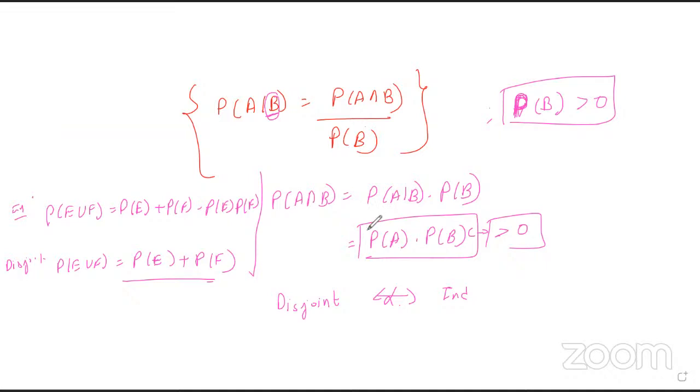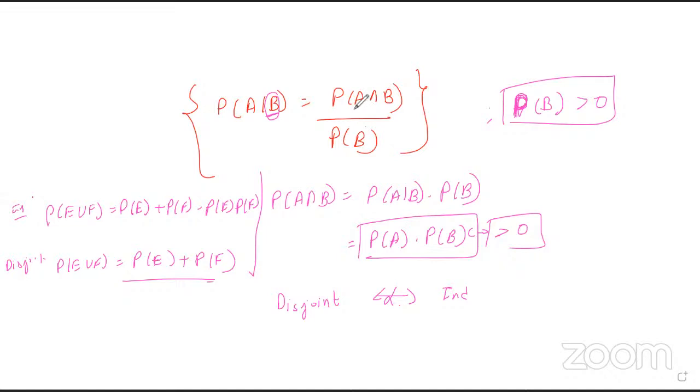So what if one of the events is a null event? Can we say that a null event is disjoint or independent of all the other events? A null event is dependent on all the events. Dependent. Okay.